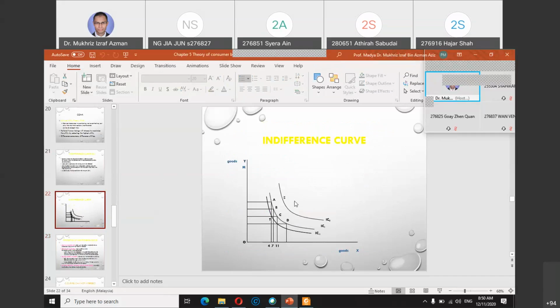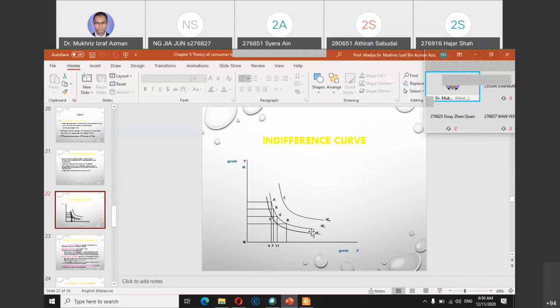The shape of a normal indifference curve is downward sloping. It's not a straight line, so it is what we call convex. It's shaped like a demand curve, but not a straight line.